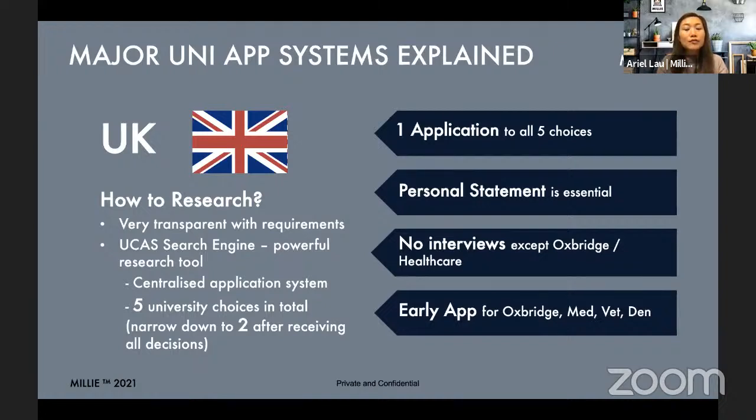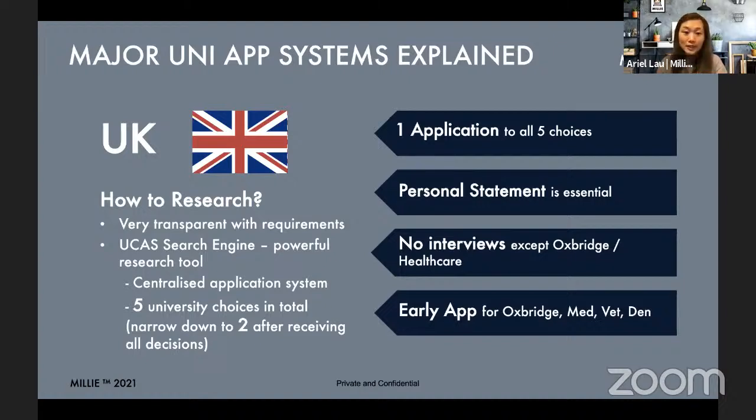However, for 5 different types of students, you would definitely need to make the early application deadline. And when I say early, it's really early for the UK. If you are looking to apply to Oxford, Cambridge, medicine, vet school, or dentistry, these 5 types of students, you would need to submit your application to UCAS on or before October 15th every year.